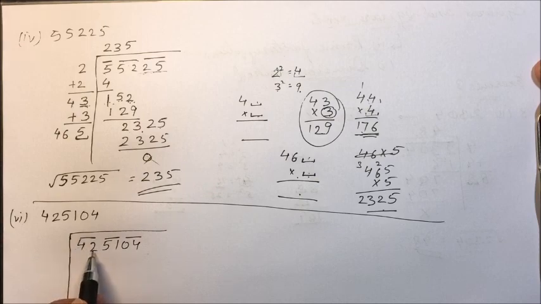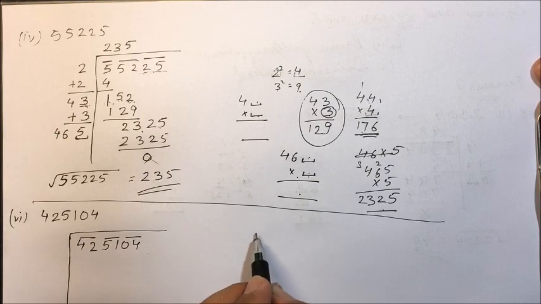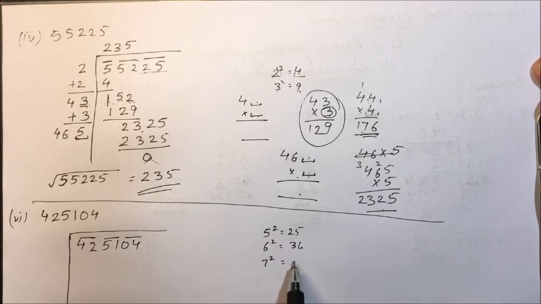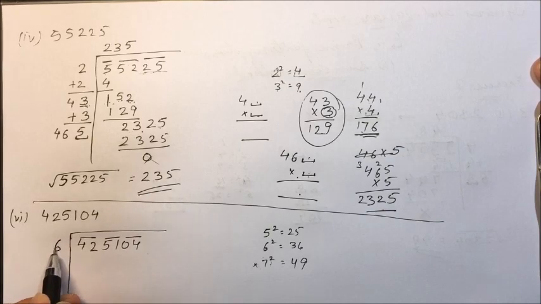If I go with 5, its square is 25, 6 squared is 36, 7 squared is 49. So 7 we cannot take. The greatest number will be 6, whose square does not exceed 42. So here I will write 6.